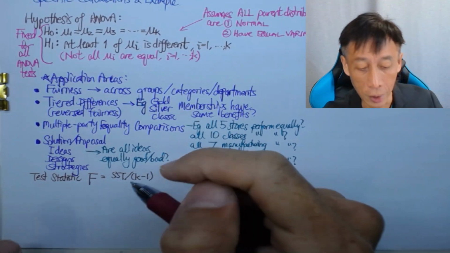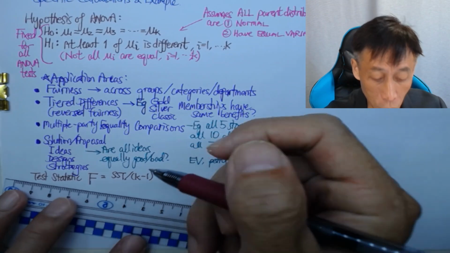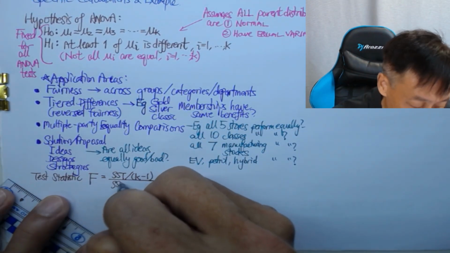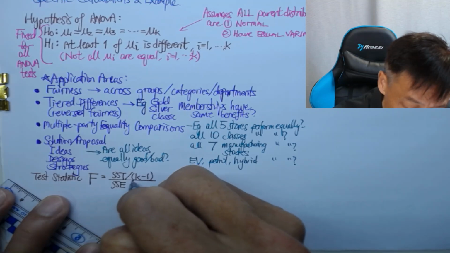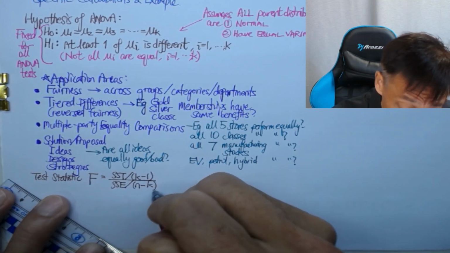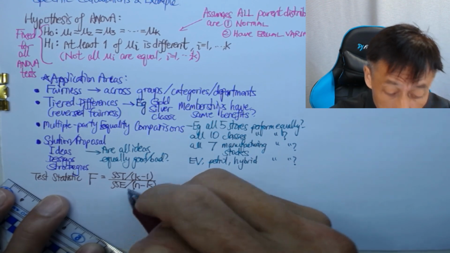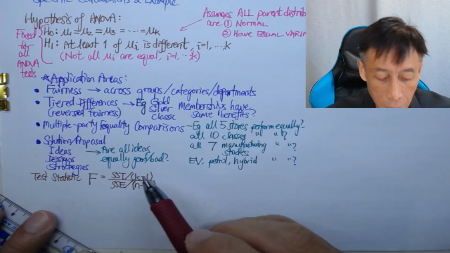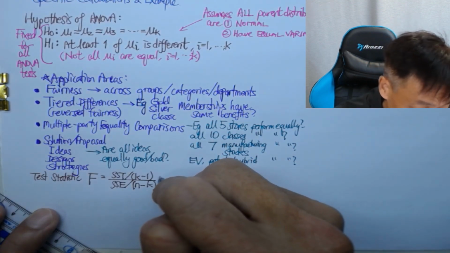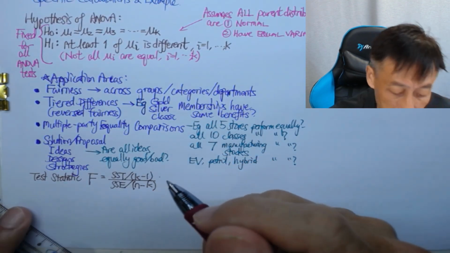Now we know what K is, right? K is the number of groups, or population means, divided by SSE over N minus K. SST is what we call the sum of squares.